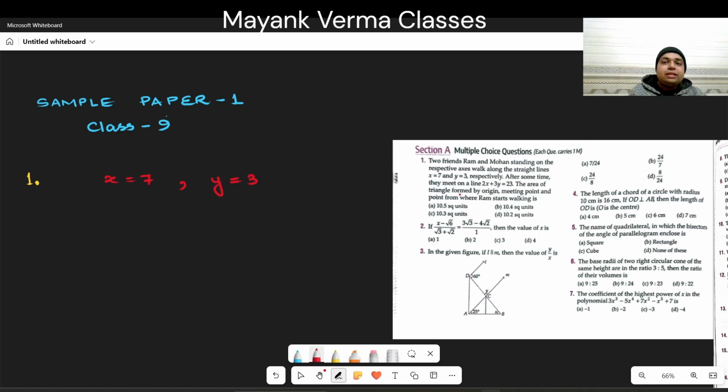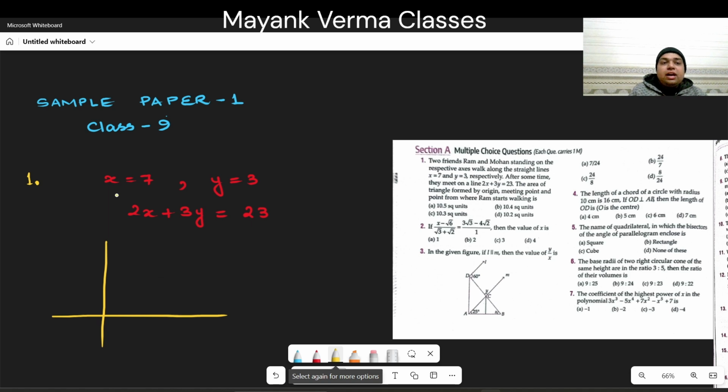After some time they meet on the line 2x + 3y = 23. We need to find the area of the triangle formed by the origin, the meeting point, and the point from where Ram starts walking. Let's first draw this on a graph.